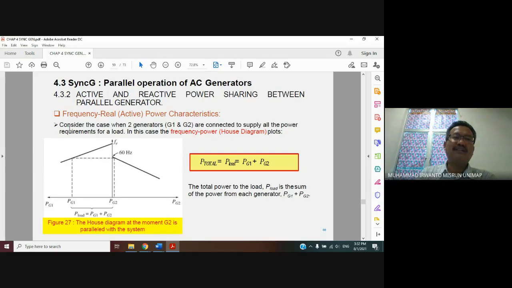Now consider the case when two generators G1 and G2 are connected to supply all the power requirements for a load.